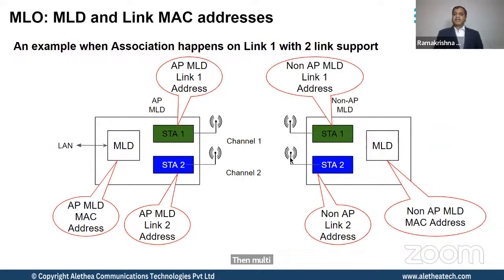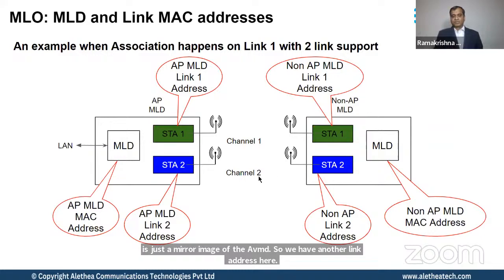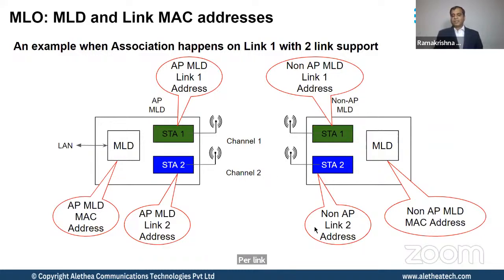This is just a mirror image of the AP MLD. So we have another link address here. For link 1, we have station 1, and for station 2, which is on channel 2, non-AP link address 2. And then we have a non-AP MLD MAC address.